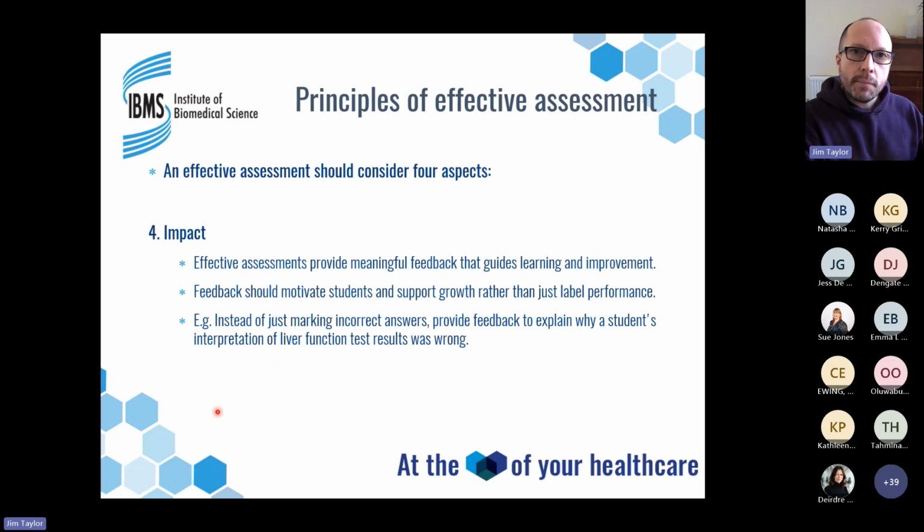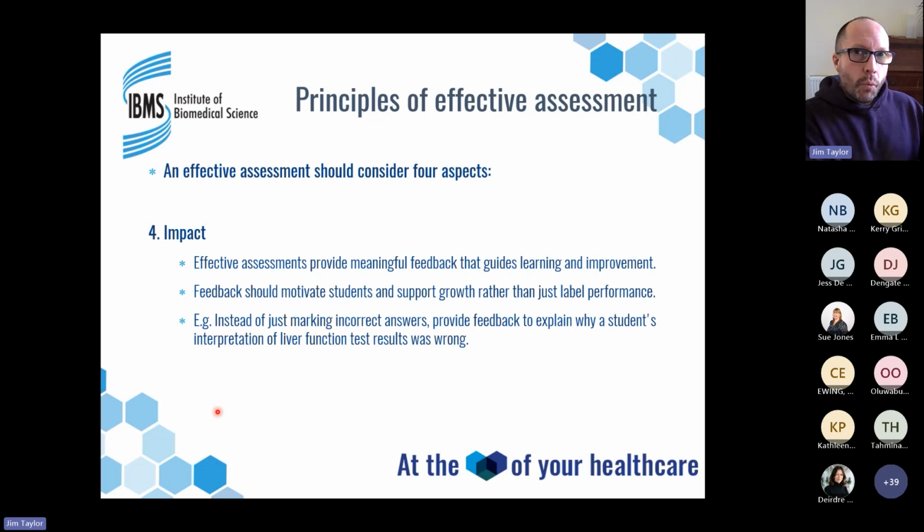And the way that that impact is maximised is through meaningful feedback to guide improvement. Now, that meaningful feedback needs to be honest, of course, and most of the time it will include some example of critical feedback where you're saying, oh, you've not quite got this right.